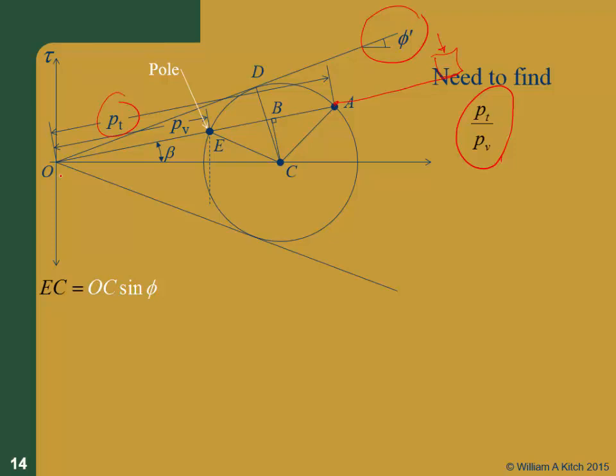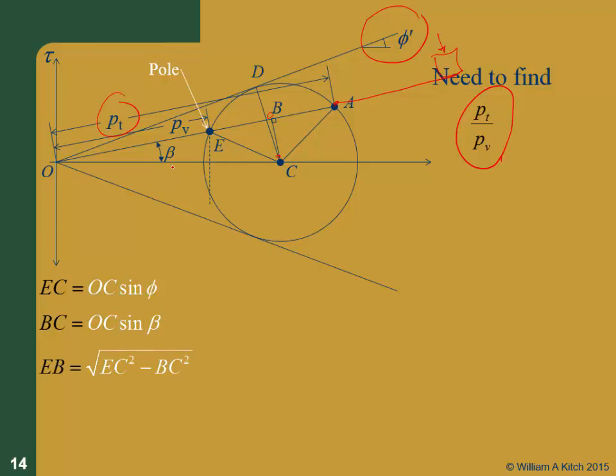So from O to C, EC, which is this distance, is going to be OC times sine of phi. BC, from here to here, has got to be OC, I'm working on this triangle in there, times sine of beta.